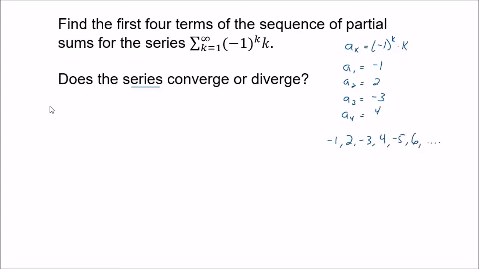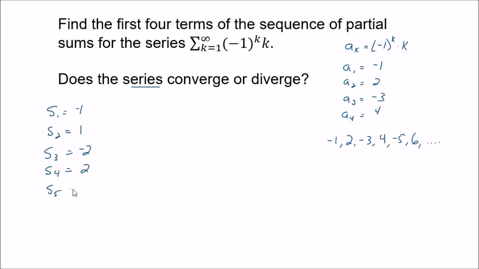Alright, so our partial sums, our first sum is -1. Adding up the first 2 terms, we get 1. Adding up the first 3 terms, we get -1 plus 2 plus -3. That's -2. Adding up the first 4 terms, we're going to get -2 plus 4. That's going to be +2.